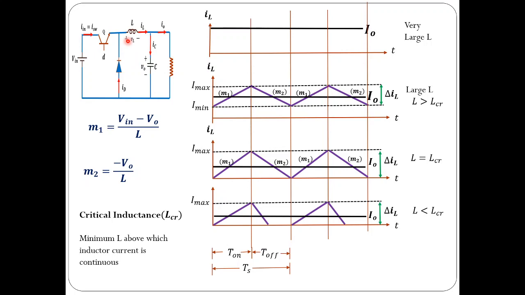So because of that, I naught is reduced, delta IL also reduces, and that may lead to the discontinuous condition.